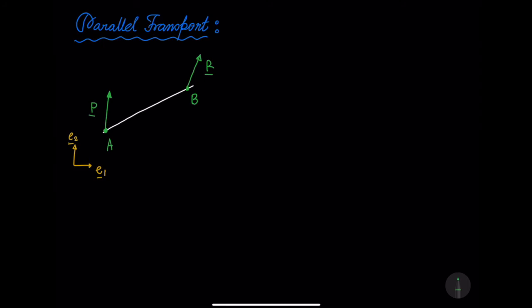But in principle, what I should do is move the vector P towards the vector R, virtually, and then compare them. You can see that they might have a slightly different direction and almost the same amplitude. Okay, this works quite well in such a plane of the board.